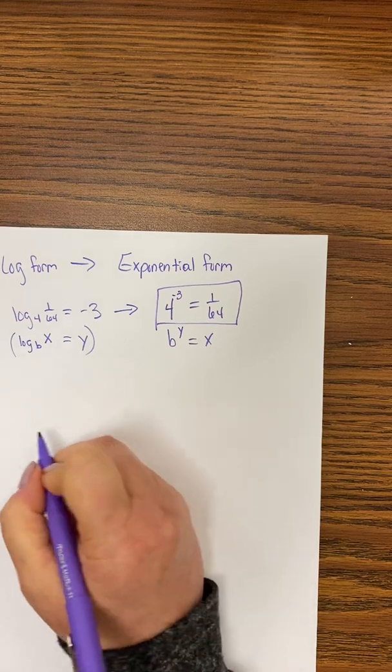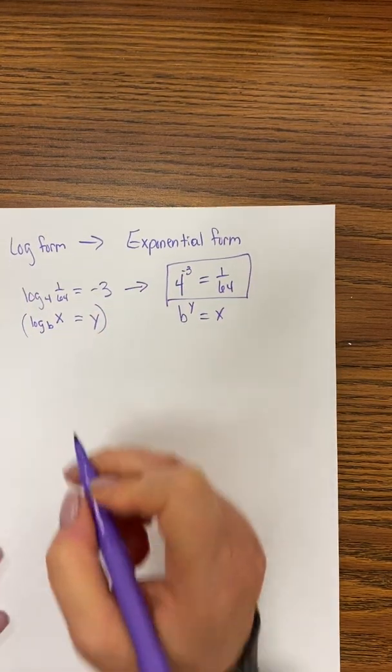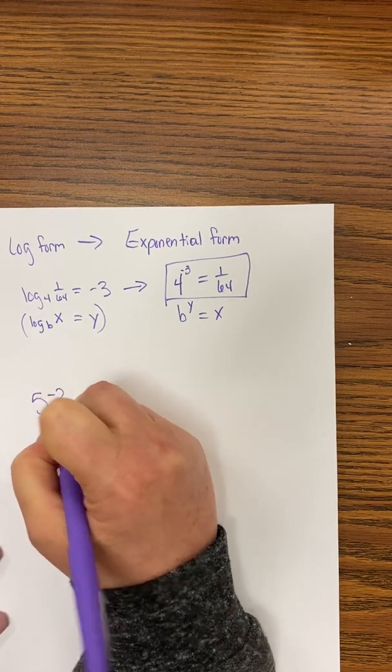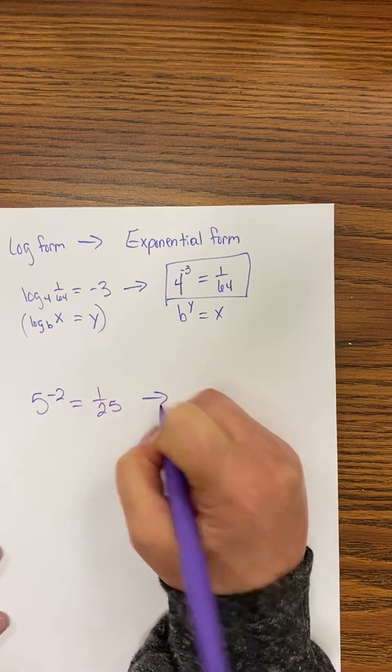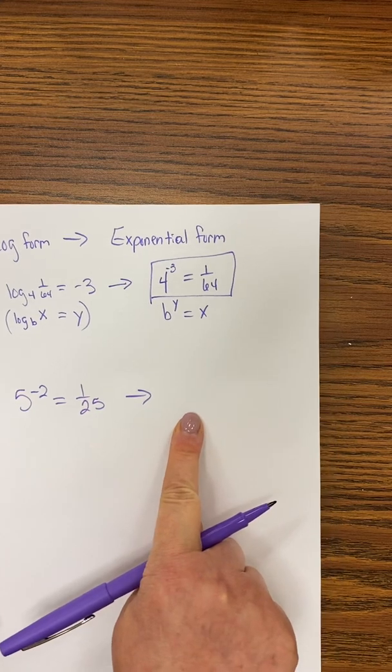Okay, we're going to do another one real quickly, and I'm not going to write everything out so much. We have 5 to the -2nd power equals 1 over 25. Remember that's exponential form, and we're going to log form.